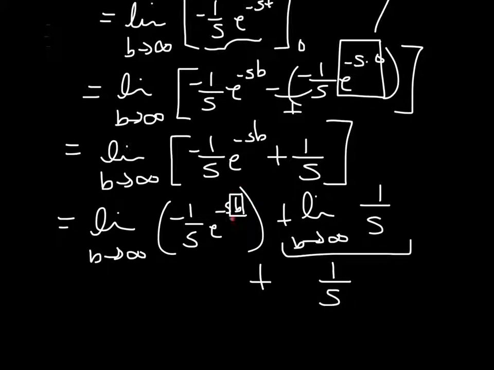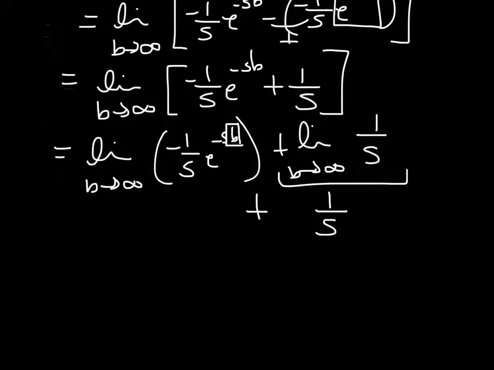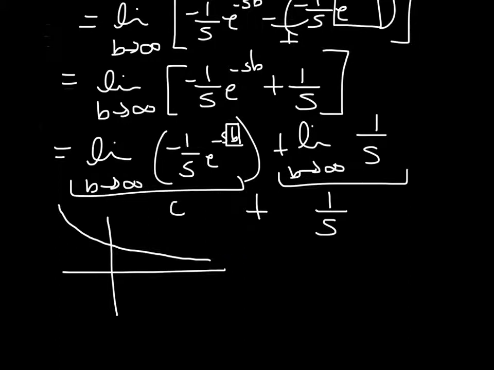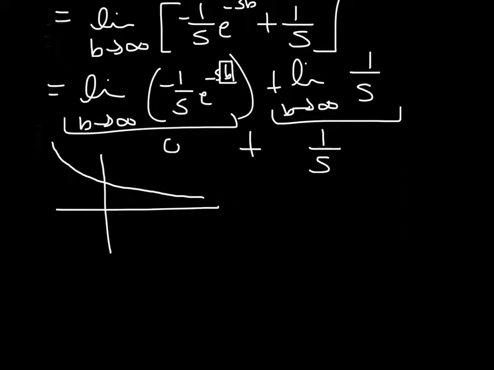So as b gets very, very large, what happens to e to the negative sb? Well, our power is negative, so our function is going to look something like that. As b gets very large, the limit approaches 0. So this whole guy is 0, and we get 1 over s.